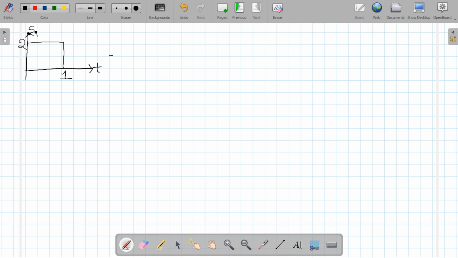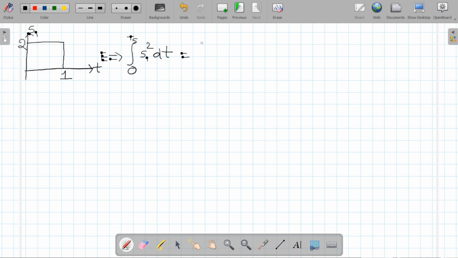In order to get the energy, we need the integral from 0 to Ts of S1 square dt. This is the formula we generally use.